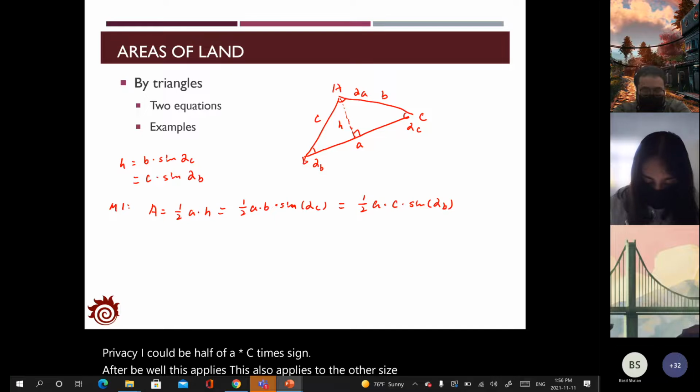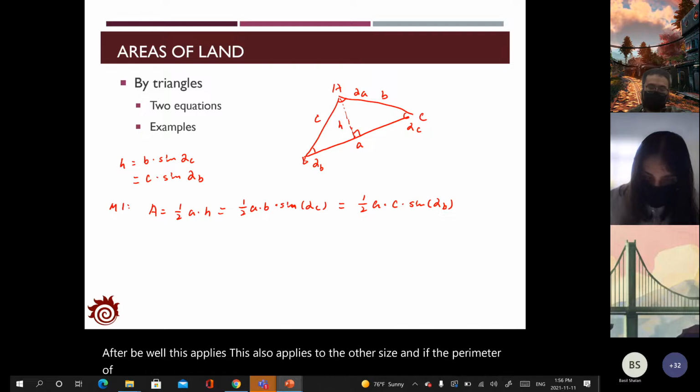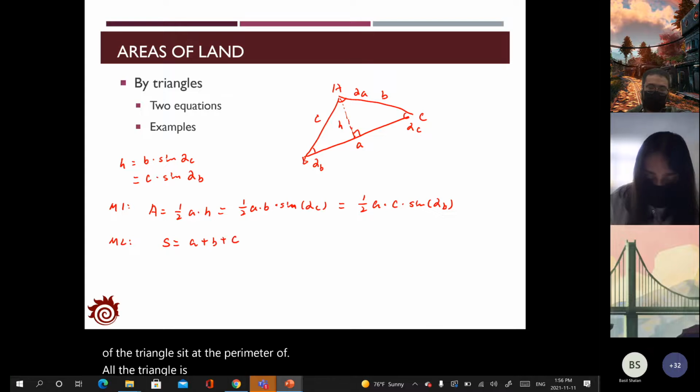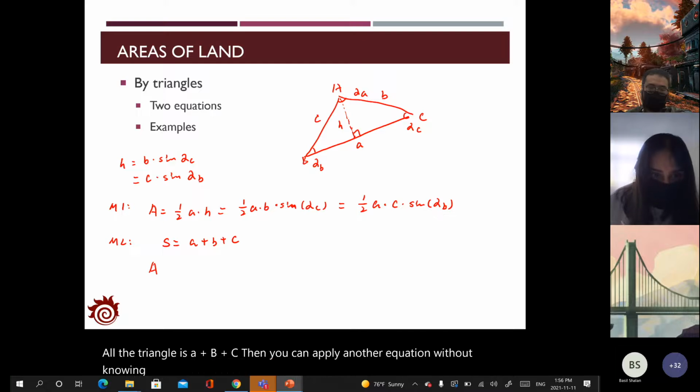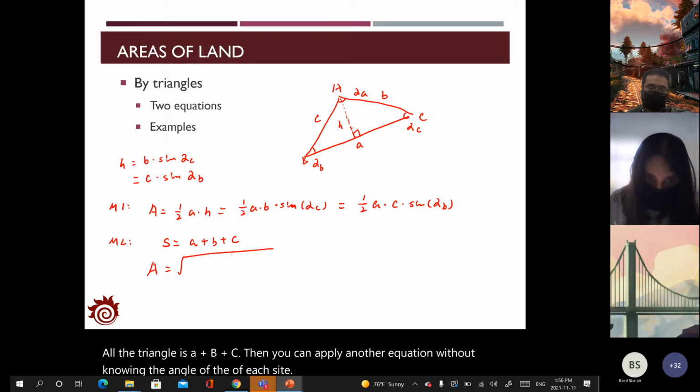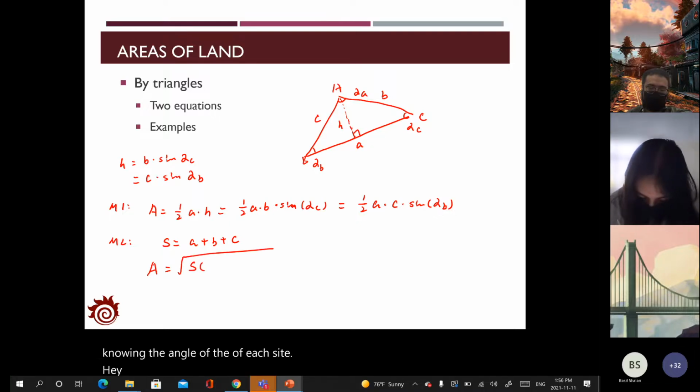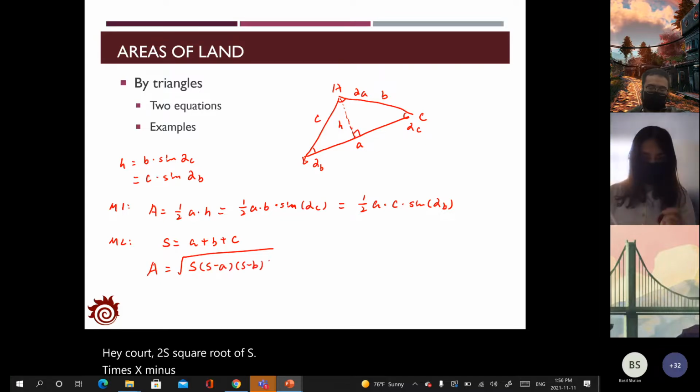And if you know the perimeter of the triangle, say that the perimeter of the triangle is A plus B plus C, then you can apply another equation without knowing the angle of each side to get the area as the square root of S times S minus A, S minus B, and S minus C. And here S is, sorry, I got a wrong equation for that one.